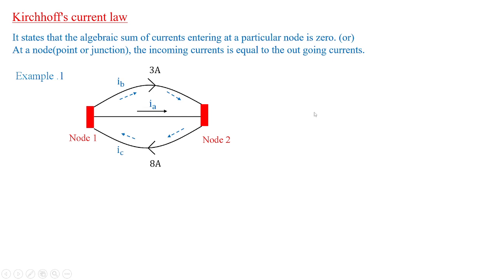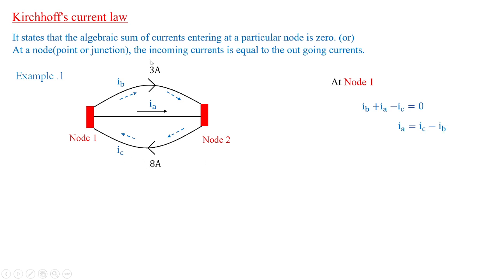IA. So at this node 1, if I apply the KCL, I'm going to get IB plus IA. I'm treating the outgoing currents, that is IB and IA, outgoing from node 1 as positive, and IC as incoming current as negative, and the sum of the currents at a particular node is equal to 0. With that, if you substitute the values, I'm going to get IA is equal to IC minus IB.